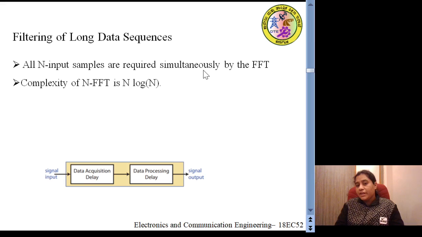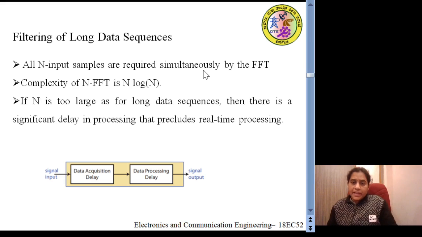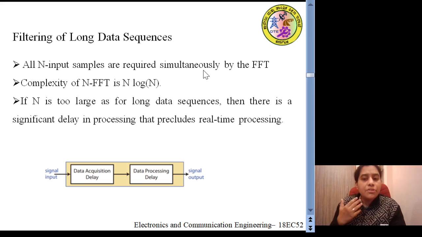But it is difficult. The complexity of an N point FFT is N log N. So if N is too large, as for long data sequences, there is a considerable delay in processing these signals, which is a major hurdle for real-time processing. So we need to think of an alternate way of filtering longer data sequences.